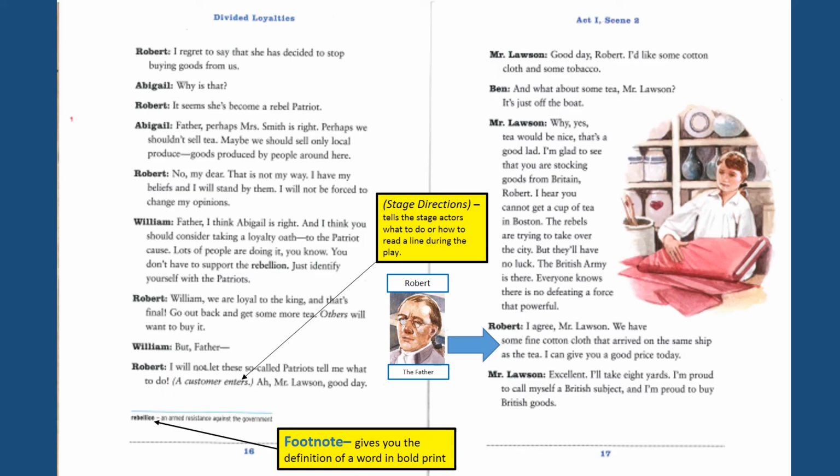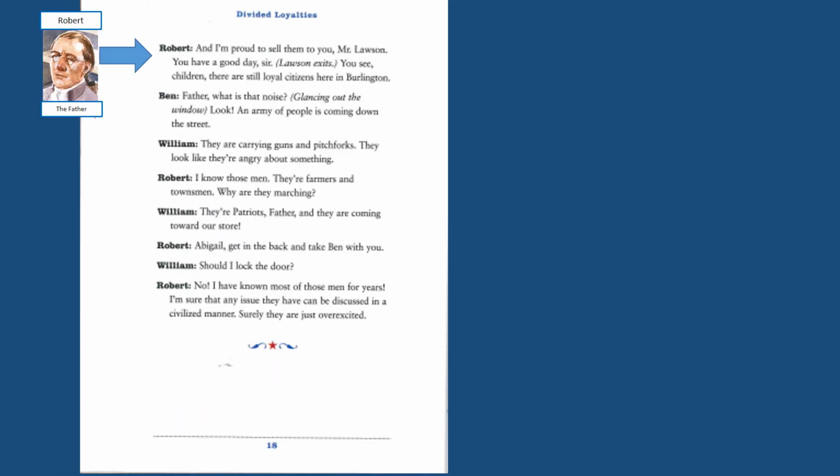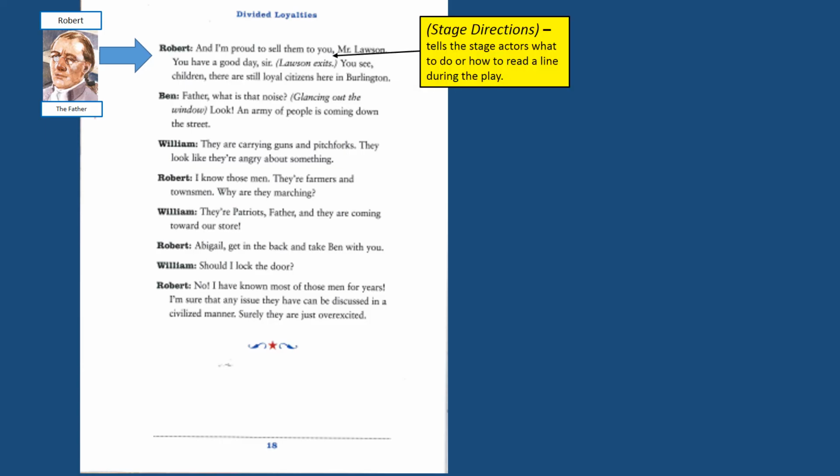I can give you a good price today. Excellent. I'll take 8 yards. I'm proud to call myself a British subject, and I'm proud to buy British goods. And I'm proud to sell them to you, Mr. Lawson. You have a good day, sir. You see, children, there are still loyal citizens here in Burlington.